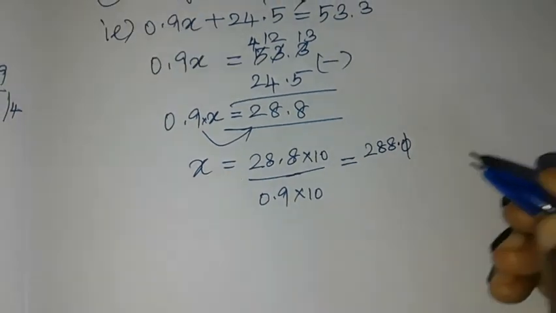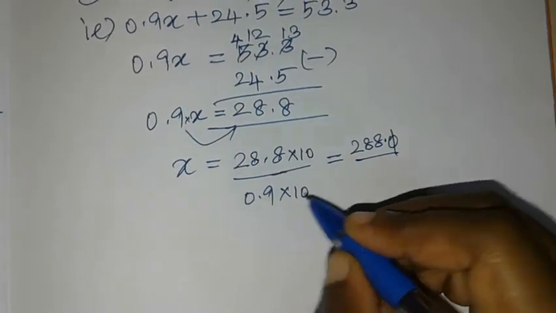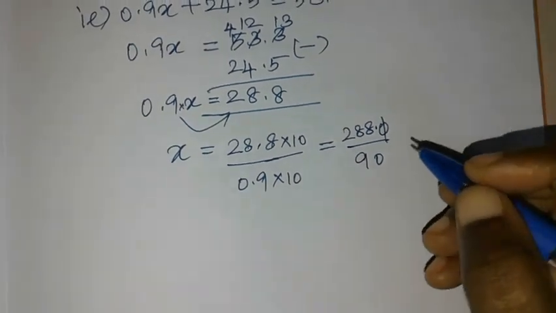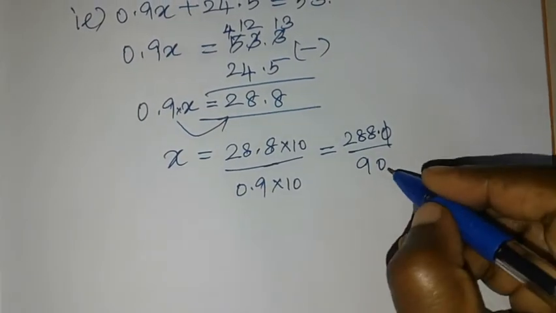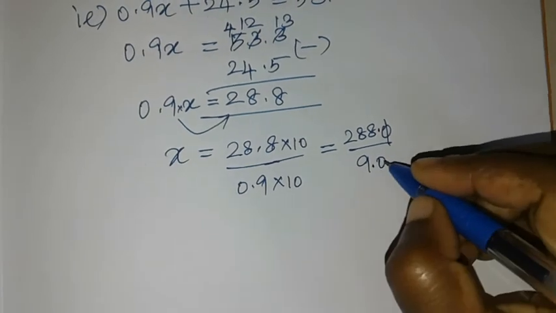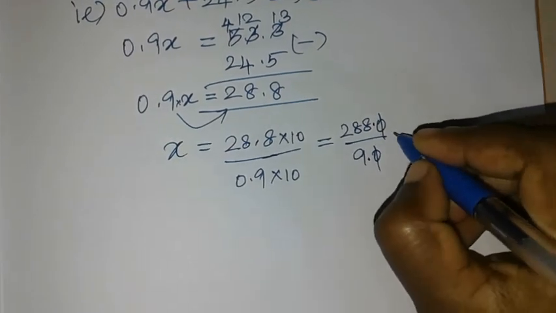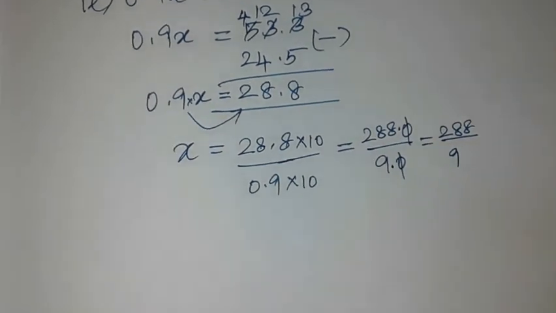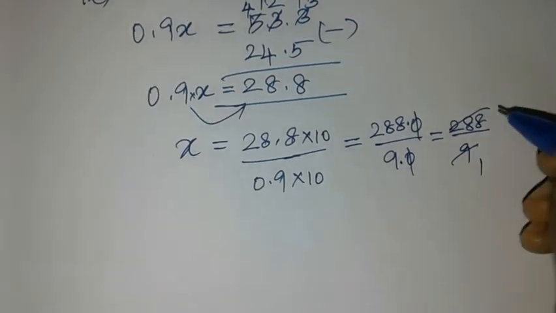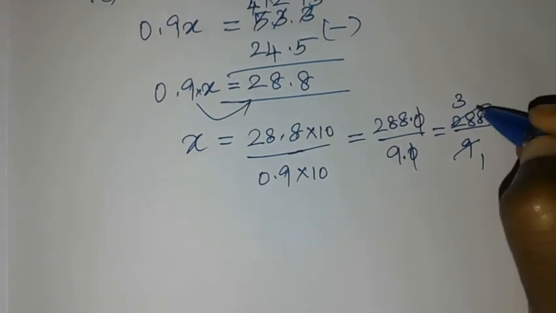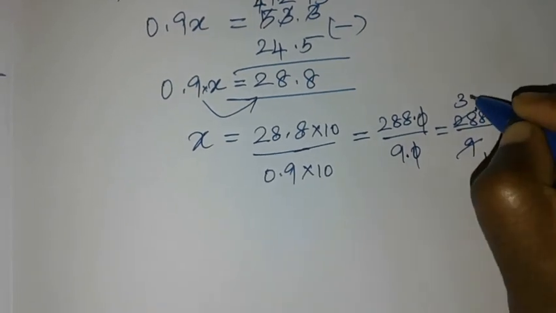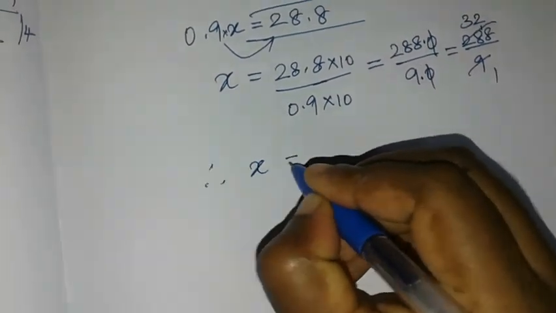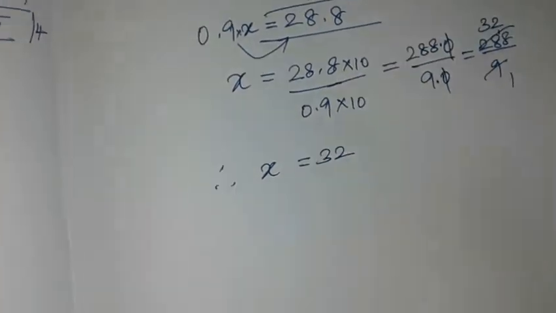Since it is a 0, neglecting. Divided by, here is 0.9 into 10, therefore that is 90. There is one decimal point, so after one digit introducing decimal point, since it is a 0, neglecting. Now getting here 288 divided by 9. Now 1 9 is 9, 3 9s are 27, here carrying 1, 2 9s are 18. Therefore, required X is equal to 32.